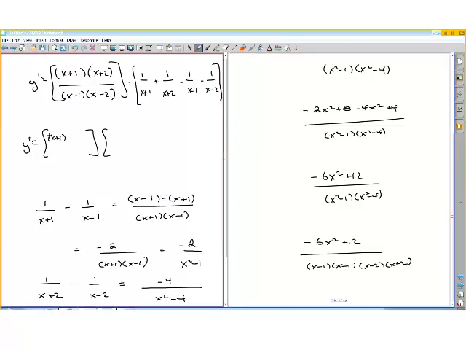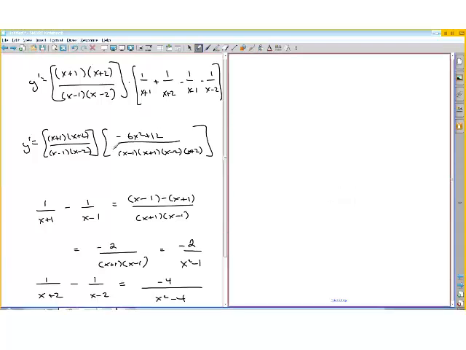You get x plus 1, x plus 2 divided by x minus 1 times x minus 2, times negative 6x squared plus 12, all divided by x minus 1, x plus 1, x minus 2, x plus 2.